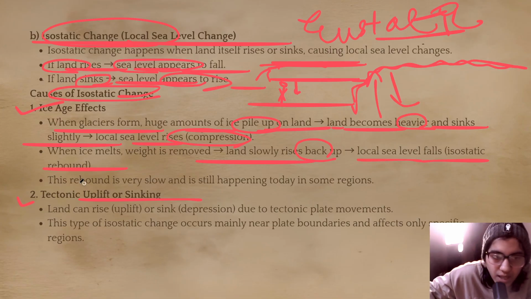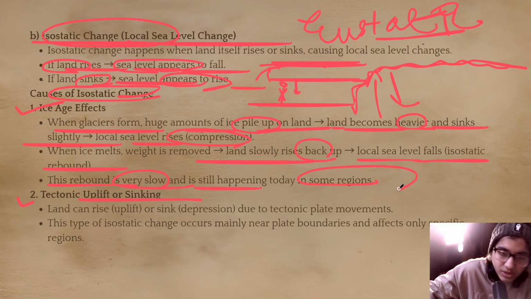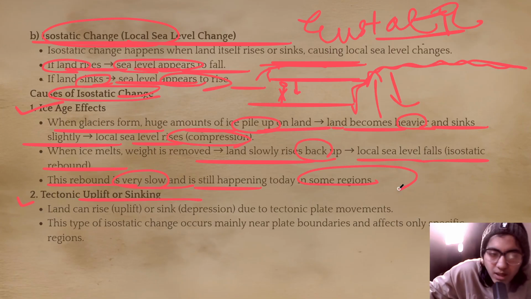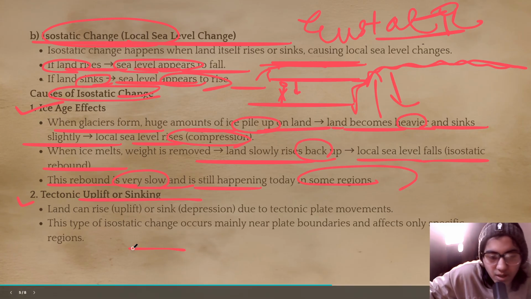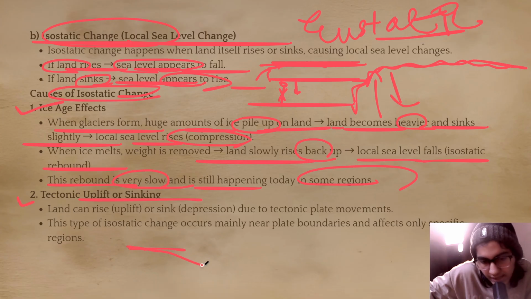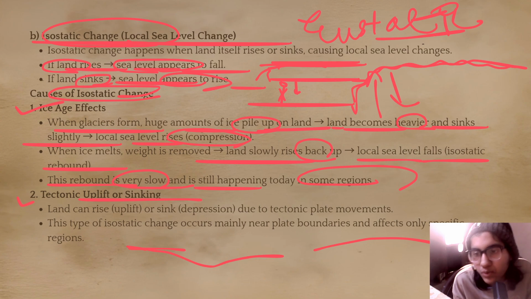This is isostatic rebound. This rebound is very slow and is still happening today in some regions. It doesn't happen like one day the land sinks and a few days or months or years later the land rises.